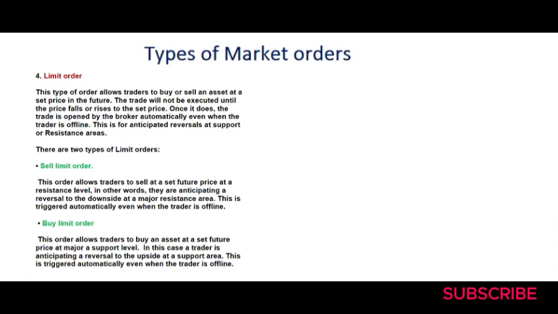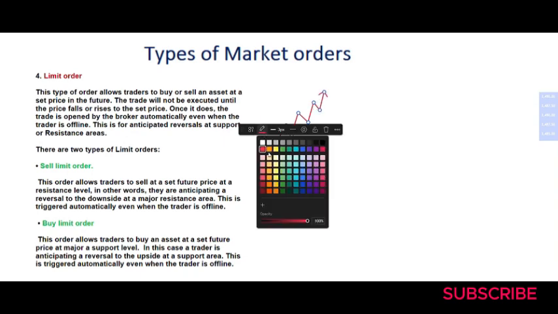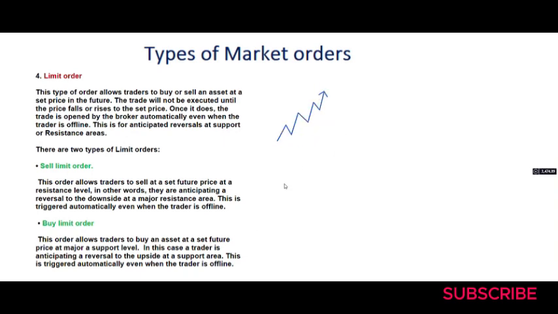Just to illustrate here, let's say you are in an uptrend, this price is rallying to the upside, and it gets to a resistance level. Let's say this is a bullish trend, you get to a resistance level right here, and you are anticipating this price to fall from here, because it's a resistance, most traders are looking to sell here.